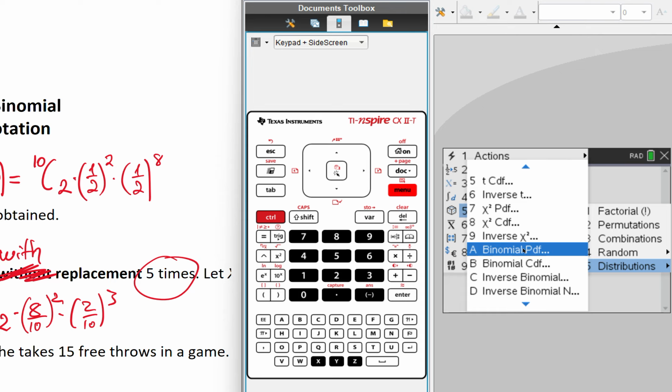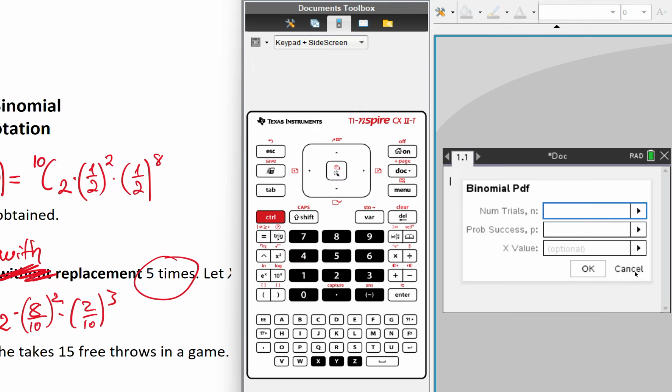If we go for the PDF, then you are presented with a box which asks, what was the number of trials of your experiment? We said we're going to flip it 10 times, right? So this becomes a 10. Then the probability of success, that's going to be 0.5. Then the x value corresponds to the probability that I'm trying to calculate.